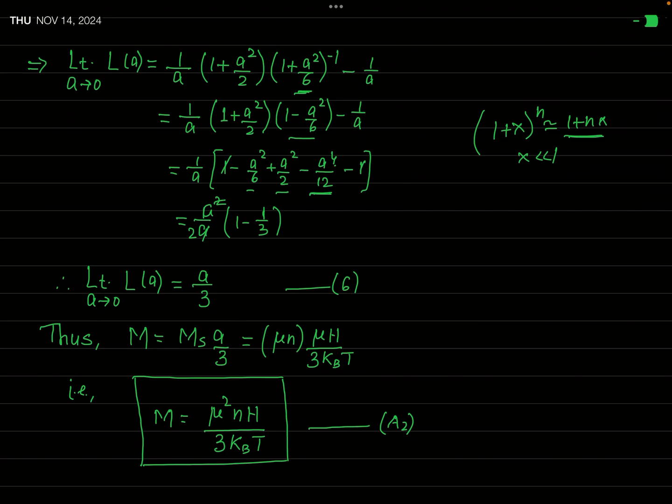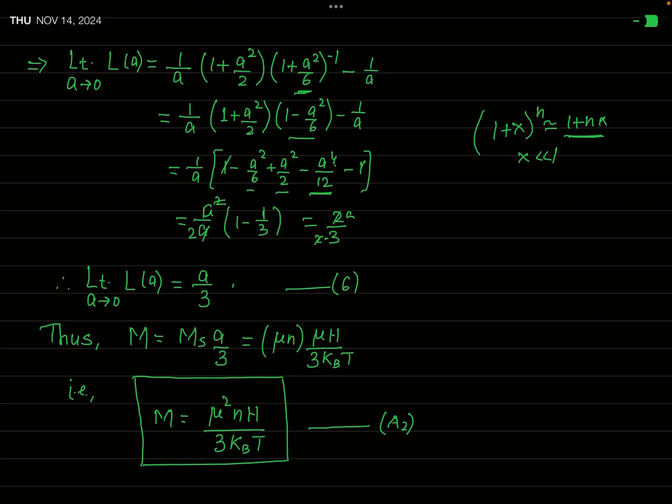So here this A will cancel out, and this is actually 2 by 3, so A by 2 into 3.